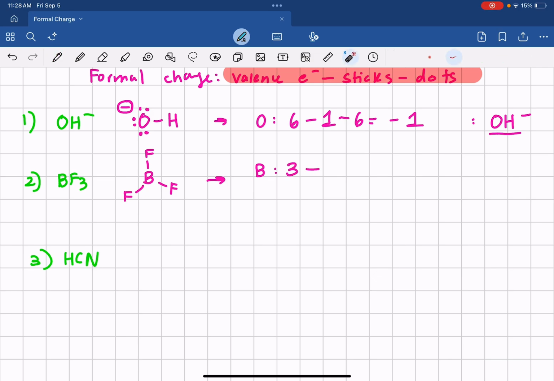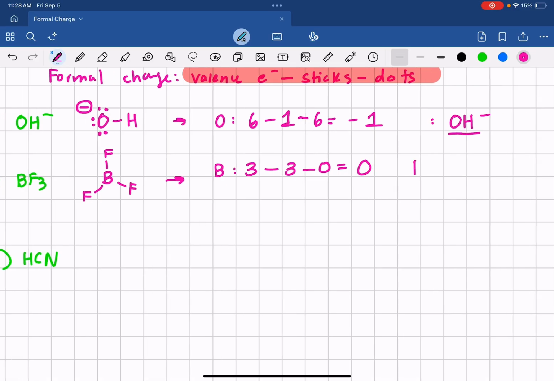It is connected to 3 sticks, and it has 0 non-bonding electrons, giving me a total of 0. Let's look at fluorine. Because each of these fluorines is the same, connected to only 1 single bond, I'll just calculate them as all the same.